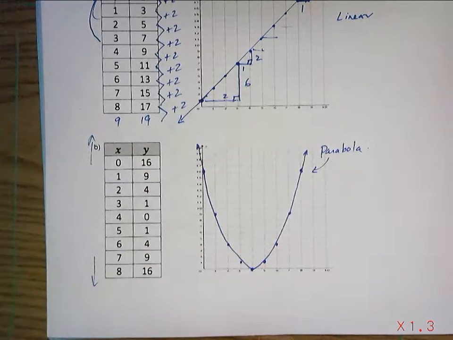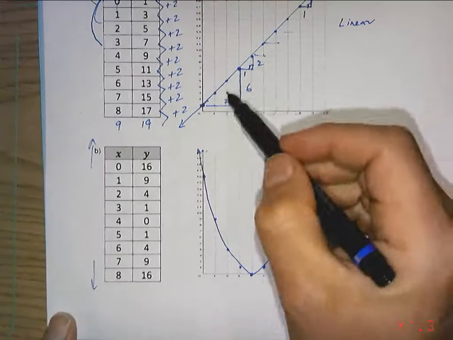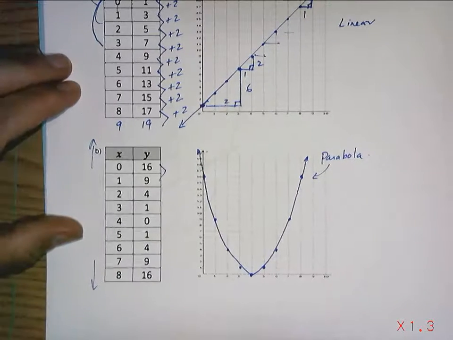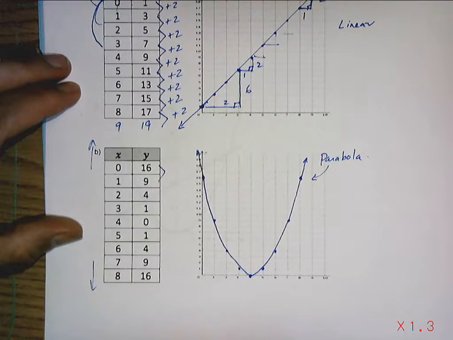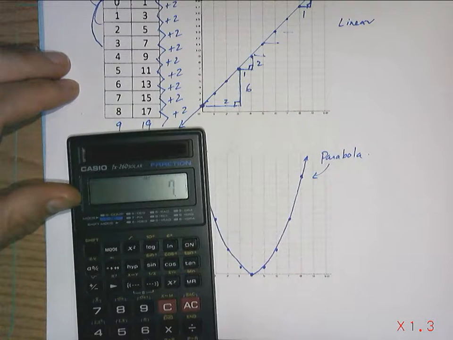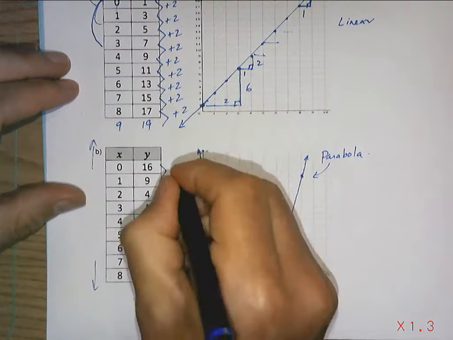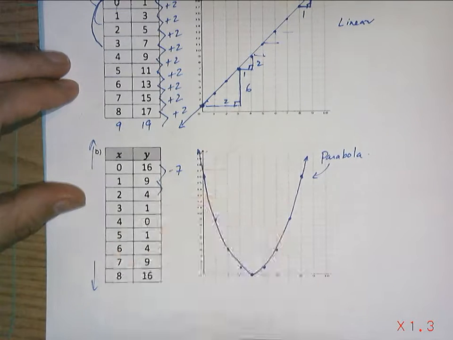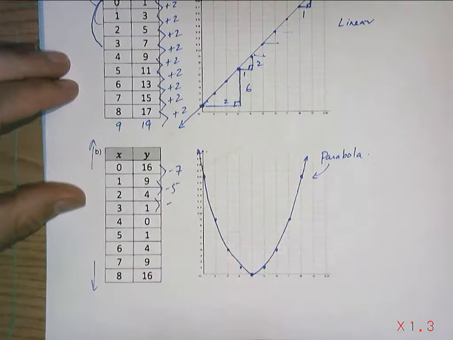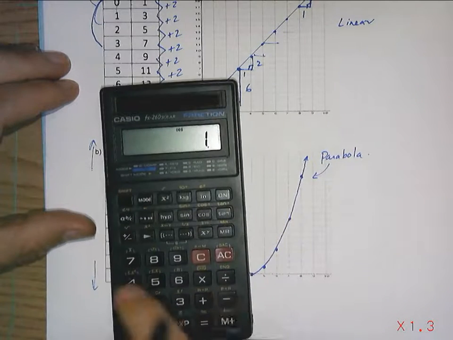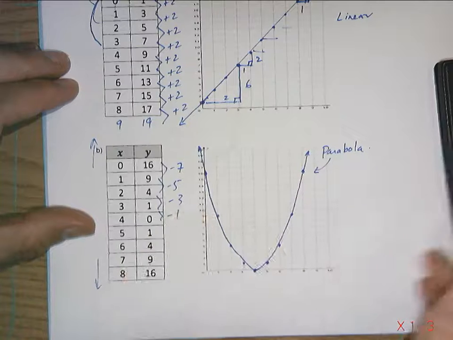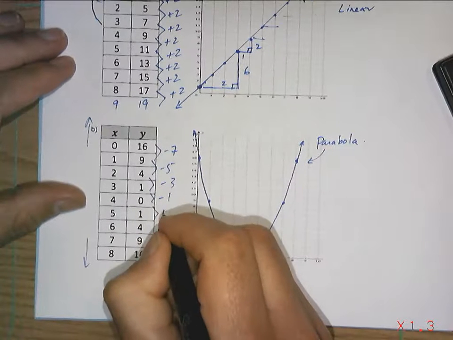Now, let's think about this rate of change idea. 16 to 9, that's a difference of -7. 9 to 4 is going to be a difference of -5. 4 to 1, -3. Then -1. Then plus 1.